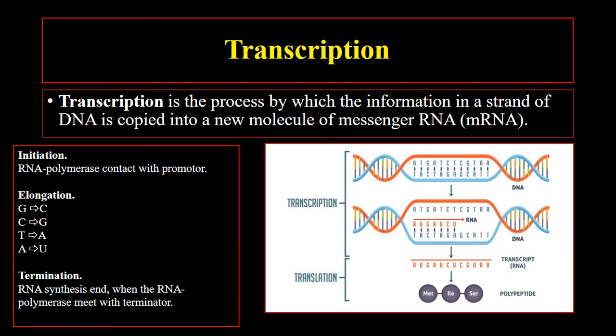The main event of the initiation of transcription is when the enzyme RNA polymerase binds to the exposed template strand and reads from the gene in the 3' to 5' direction.